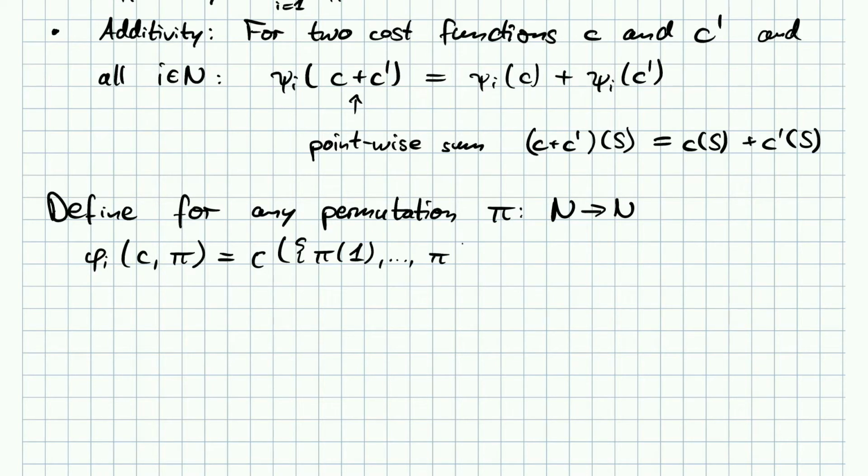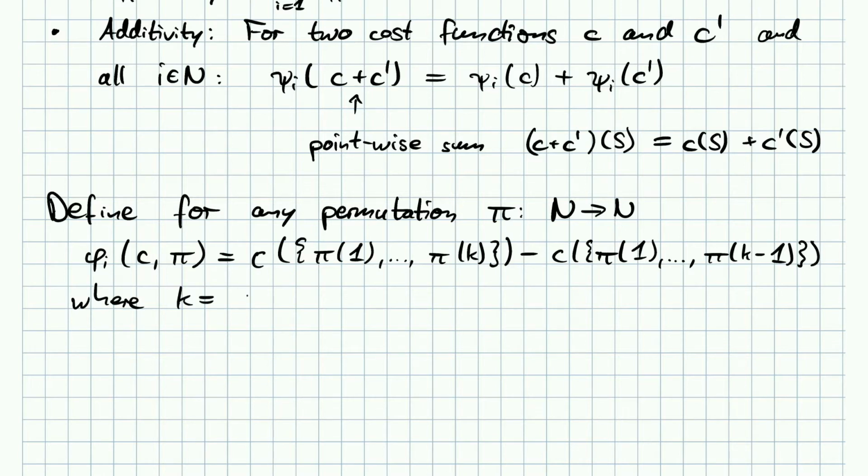Take agents that are the first k in the order of the permutation, and from that subtract, so take their cost and from that subtract the cost if agent pi of k was not included, and this I want to do where k is equal to the inverse of the permutation of i.